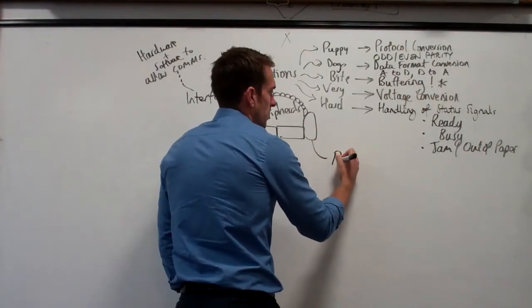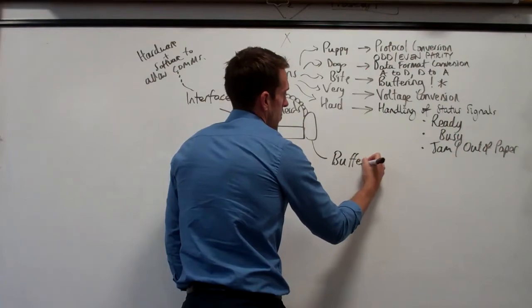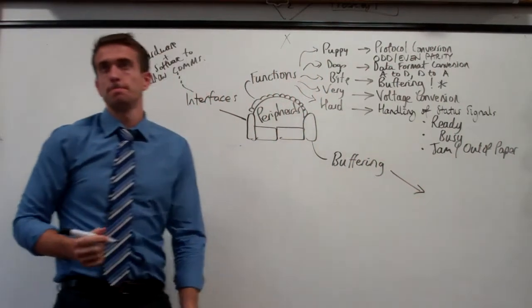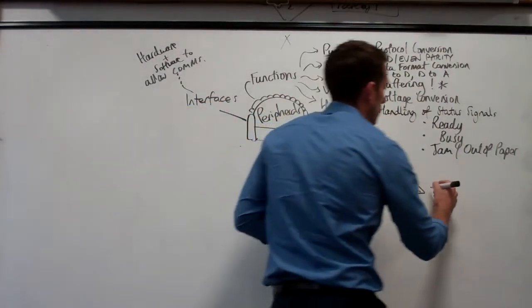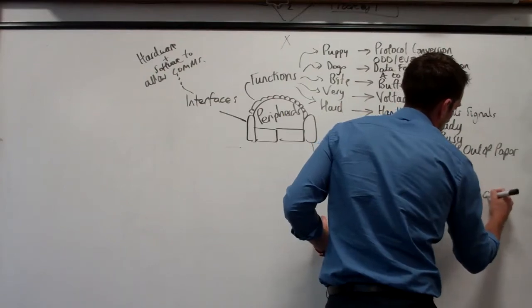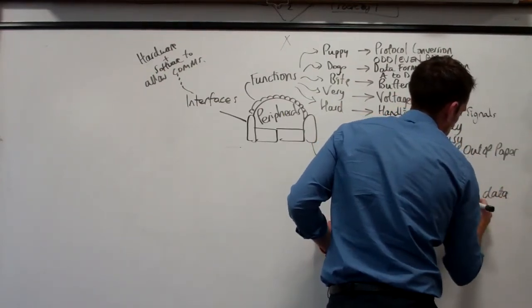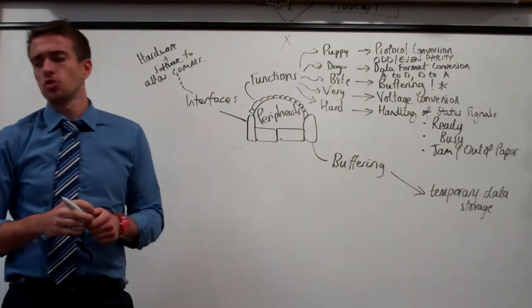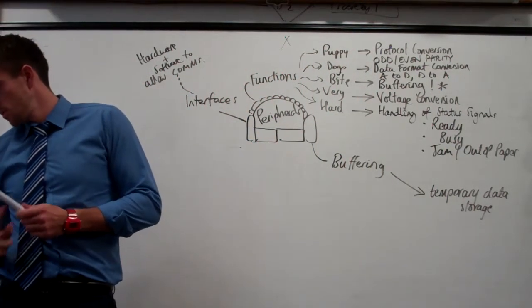Right, so we talked about buffering, which was what? What is buffering? Temporary storage. Good. So temporary storage of data. Why do we need to temporarily store it if we're just trying to send it to a peripheral?